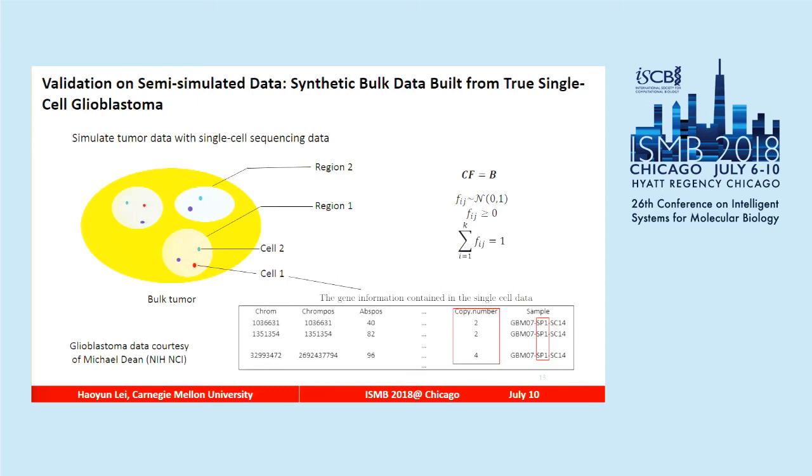And by using the geometric mixture model, we simulated the matrix F such that each element is normally distributed, each element is non-negative, and each column of F sums to 1. And then we can simulate the tumor samples up to the desired number we want.